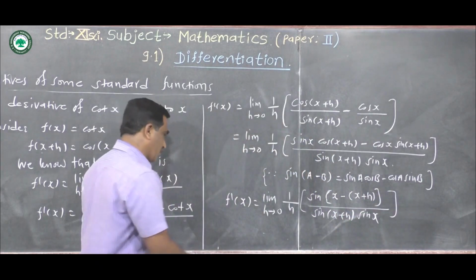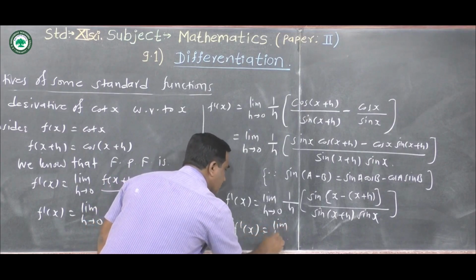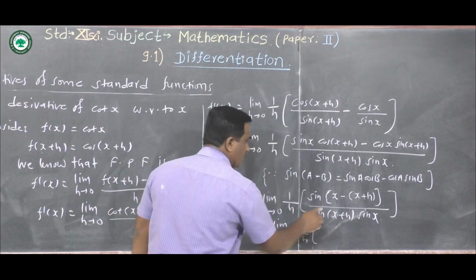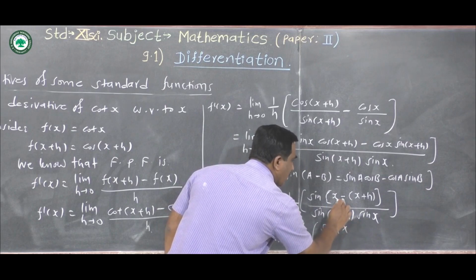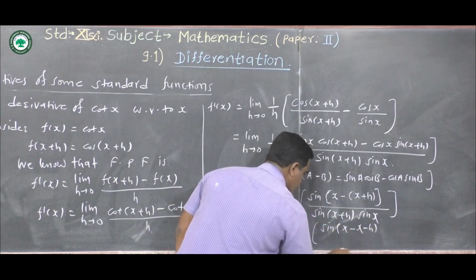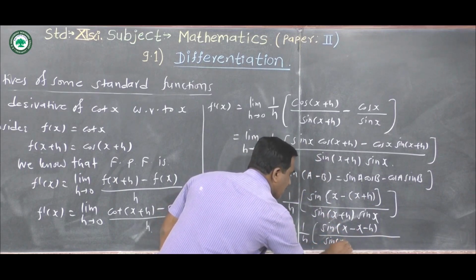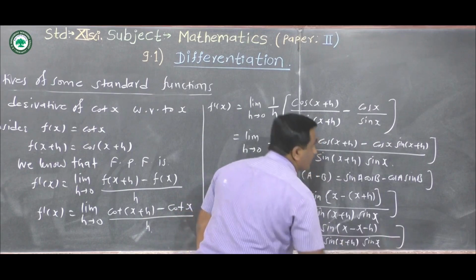Okay, now further we can write f dash of x equal to limit h tends to 0, 1 upon h into sin of x minus x minus h divided by this term as it is, sin of x plus h into sin x.